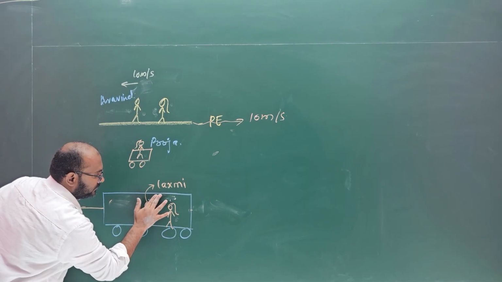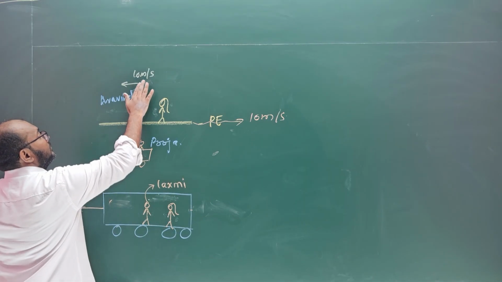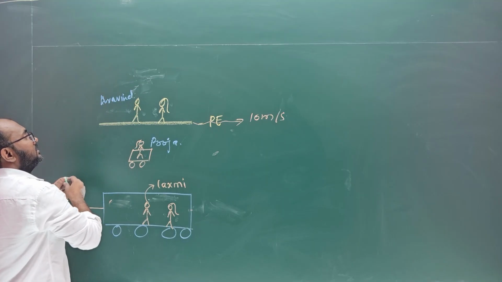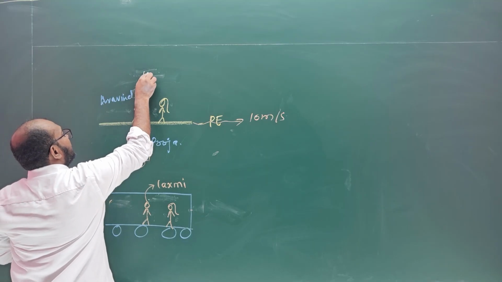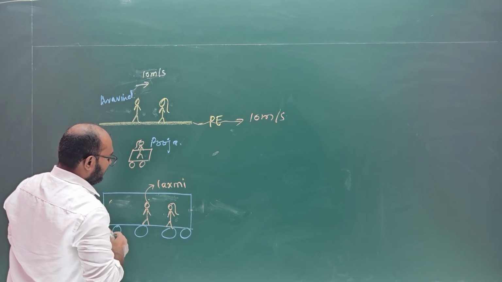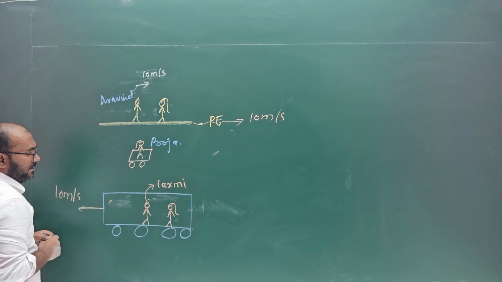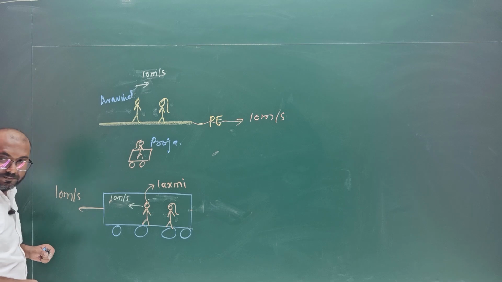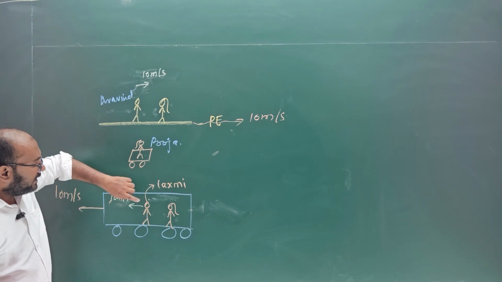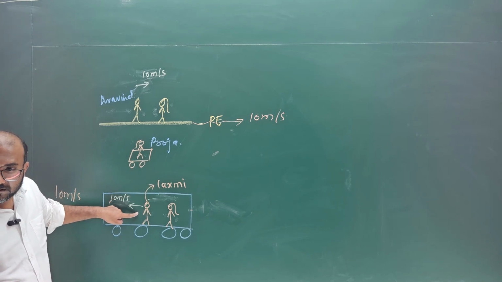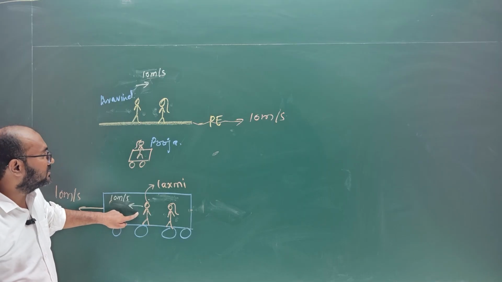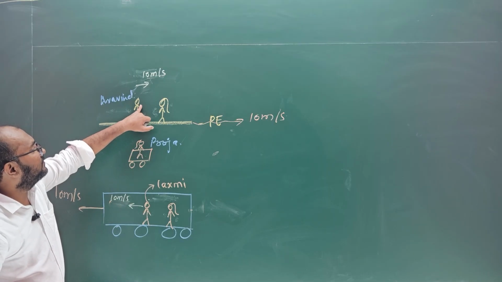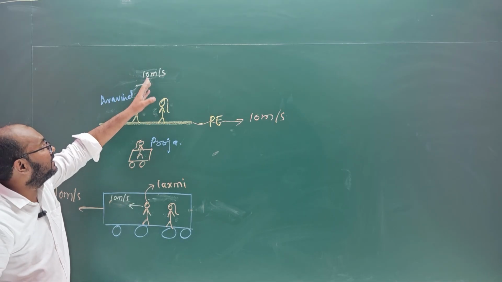Okay, now the next case. He is moving in this direction by 10 meter per second, and he is moving in this direction by 10 meter per second. Okay. If I ask this girl, what is the speed of this Lakshmi? Yes, 10 meter per second. If I ask this girl, what is the speed of this Arvind? Yes, 10 meter per second.